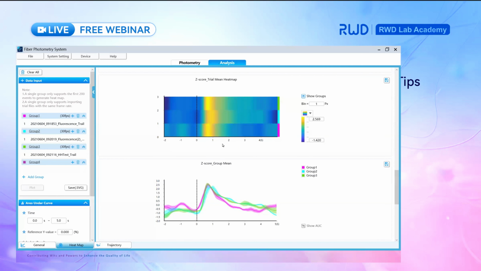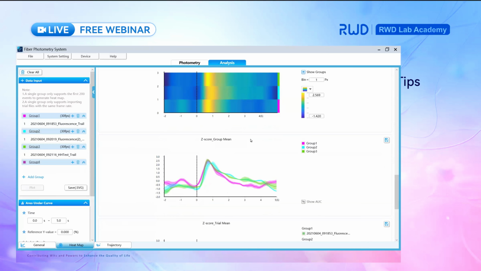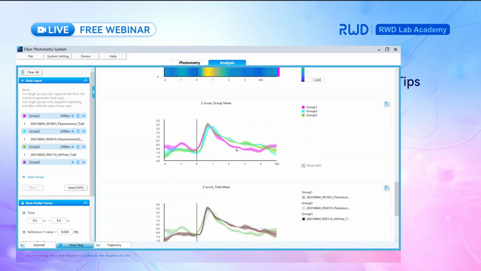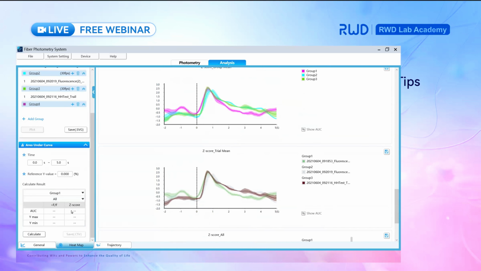The software can generate both a fluorescence heat map and a curve, and you can view data from more events, individual animals, or the average of the group. The software can also calculate the AUC. We click here. Then you can see this result. So after that, the data can be combined for the statistical analysis.